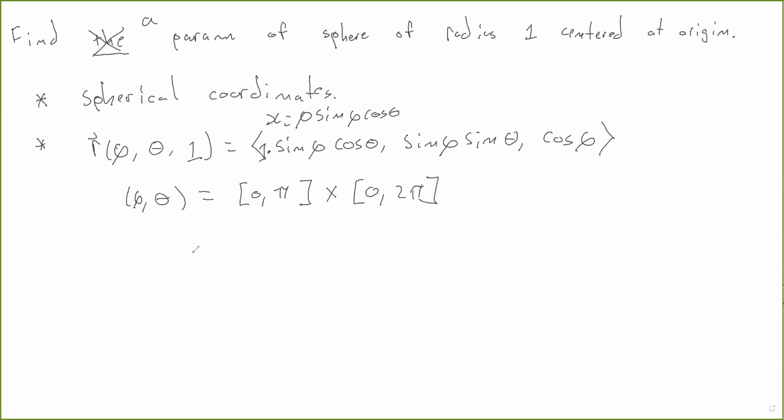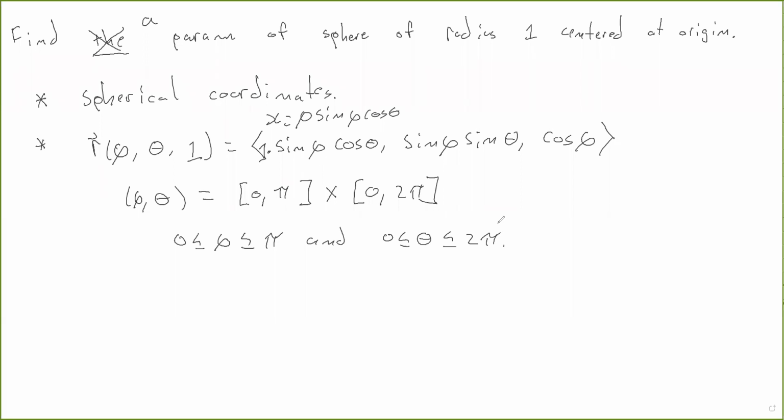So this notation is just another way of writing 0 less than or equal to phi less than or equal to pi, and 0 less than or equal to theta less than or equal to 2 pi.